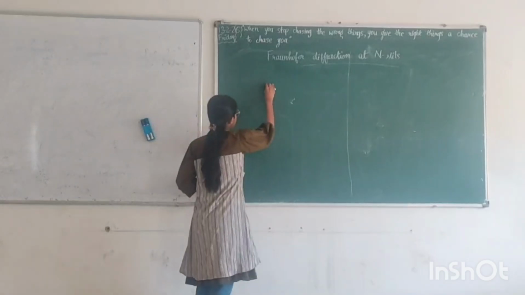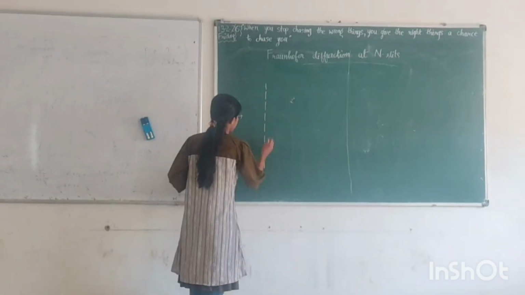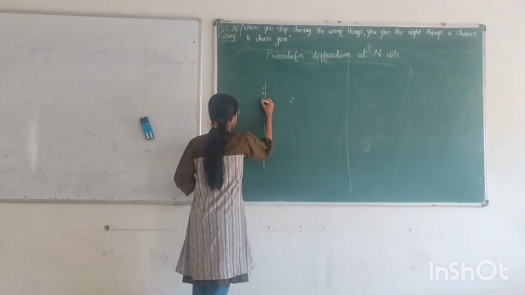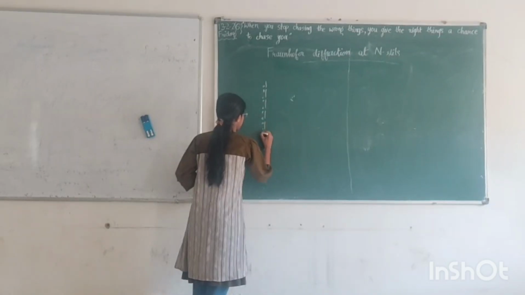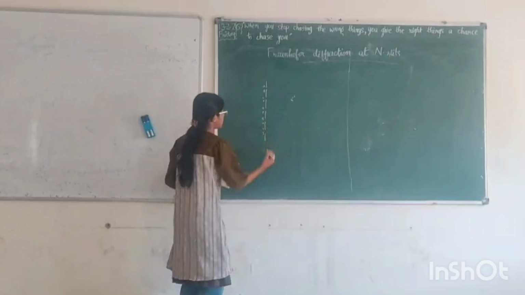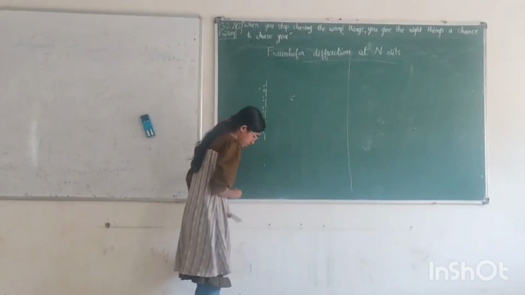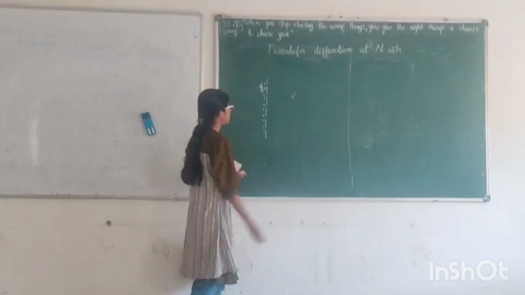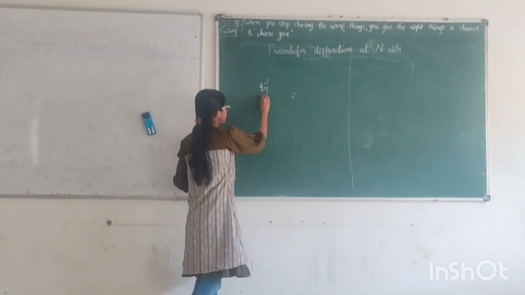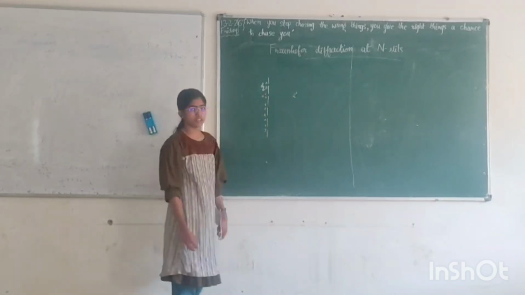If these are the slits, let this be A, B, C, D, I, J, etc. Now, if the distance AB is equal to a, the distance CD will also be equal to a, and EF, GH, IJ will all be equal to a.